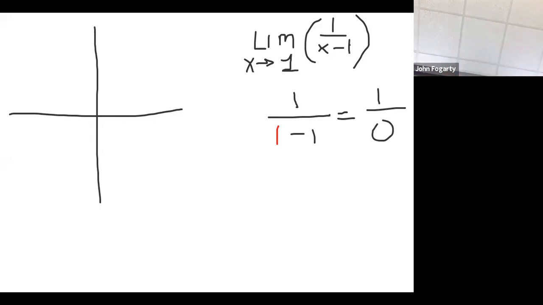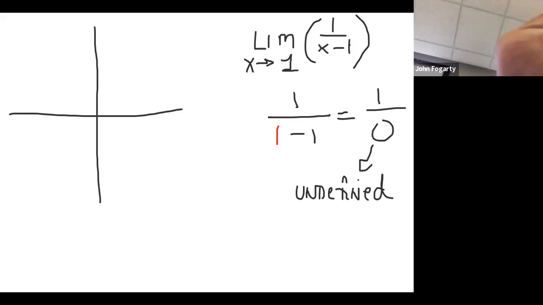Well, fellas, when you have 0 in the denominator, that's an undefined expression, right? Yes? So here's what I know about my picture. When I go to 1, I'm going to have a vertical asymptote, because at 1, my function is undefined.